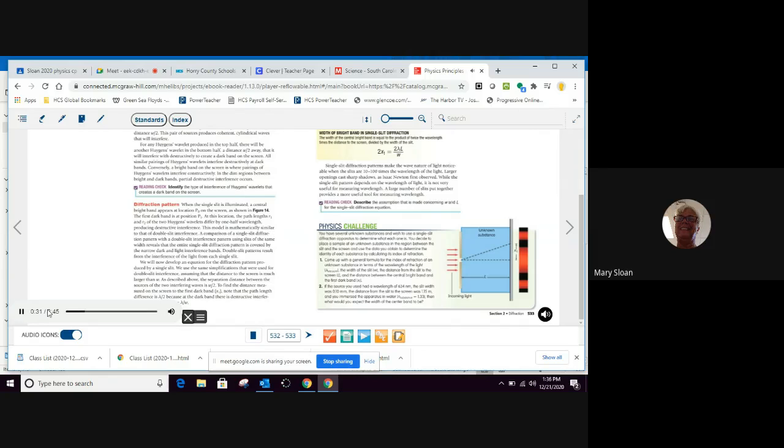For any Huygens wavelet produced in the top half, there will be another Huygens wavelet in the bottom half at a distance of W/2, that it will interfere destructively. Huygens wavelets also interfere destructively at other angles.